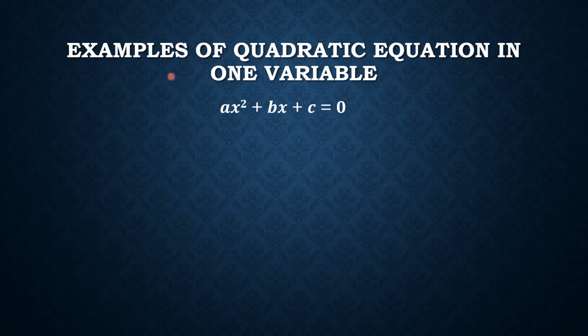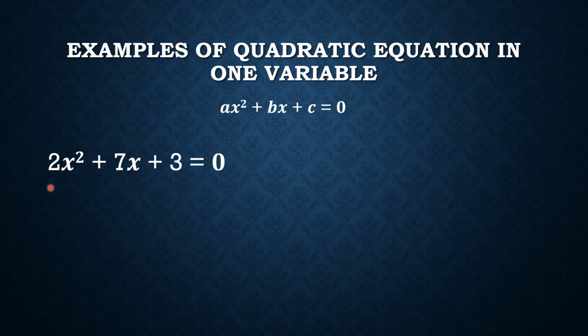Here's an example of a quadratic equation in one variable, written in the form ax squared plus bx plus c is equal to 0. If you look at 2x squared plus 7x plus 3 is equal to 0, 2x squared is our quadratic term, 7x is the linear term, 3 is the constant. At mula dito, we can identify the values of a, b, and c.